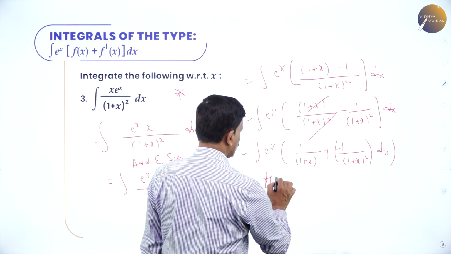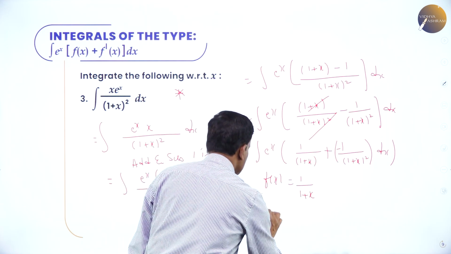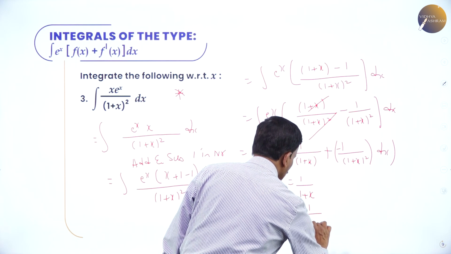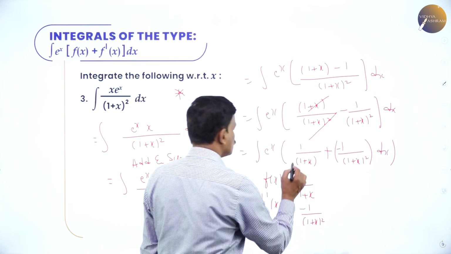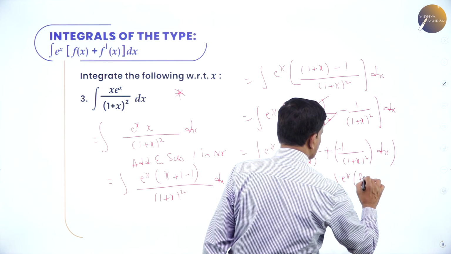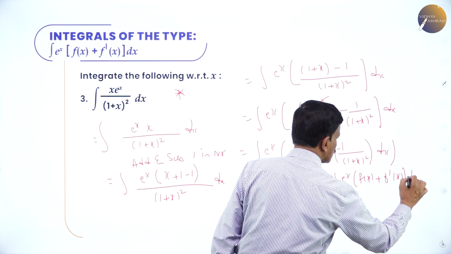Here what is f of x? f of x is 1 by 1 plus x. So, if you differentiate this, f dash of x, differentiation of 1 by x is minus 1 by (1 plus x) whole square. So, this is nothing but integral e to the power of x into (f of x plus f dash of x) dx.